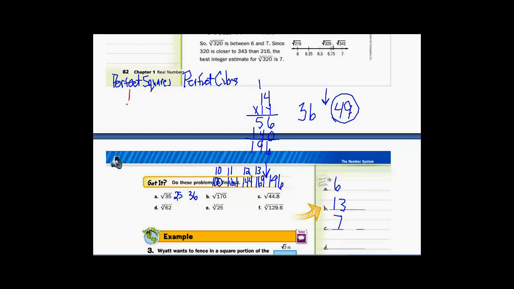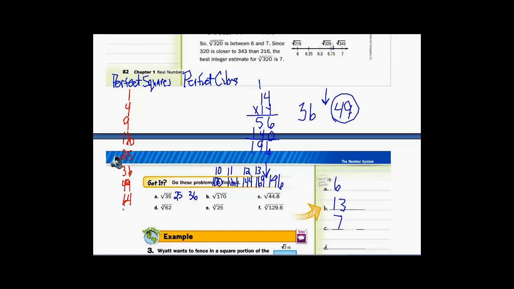1, 4, 9, 16, 25, 36, 49. What comes after that? 64.